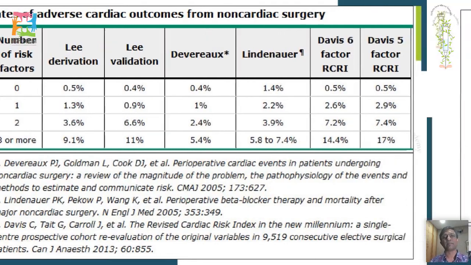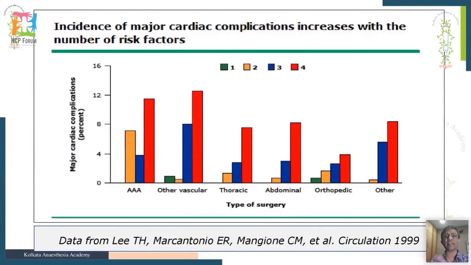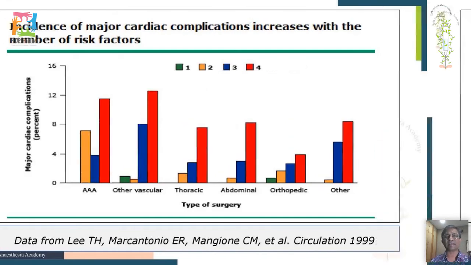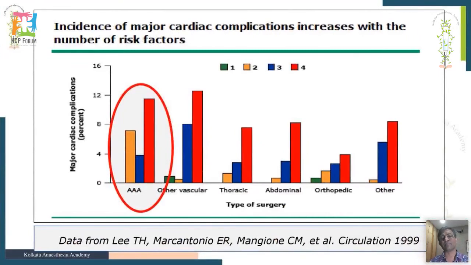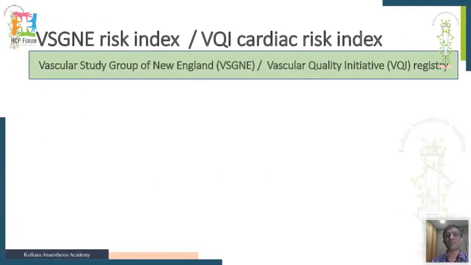And this is across most surgeries: orthopedic surgeries, abdominal surgeries, thoracic surgeries, other vascular surgeries. The only place that it has not worked is in persons undergoing major vascular surgery like an abdominal aortic aneurysm. And if you want to look at risk assessment, then you have to look at the VSGNE or the VQI cardiac risk index, which is specifically for vascular surgeries.